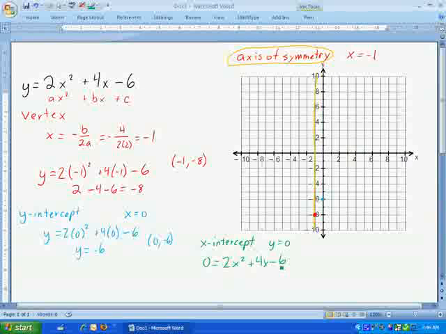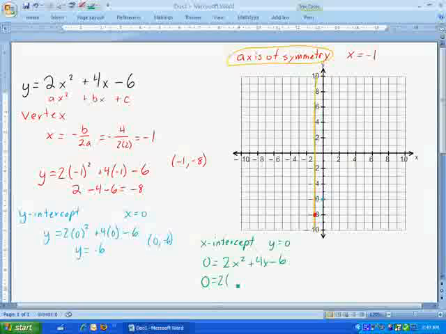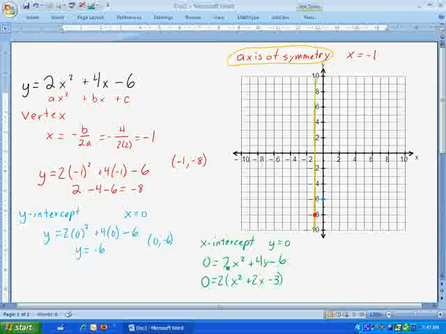I do have a leading coefficient. However, hopefully you notice also that that is a common factor. So I'm going to start by factoring out the common factor, which will leave me with x squared plus 2x minus 3. This won't always be the case. Sometimes you'll actually have to factor it with having that leading coefficient there. But just for the sake of this one, we've got that.